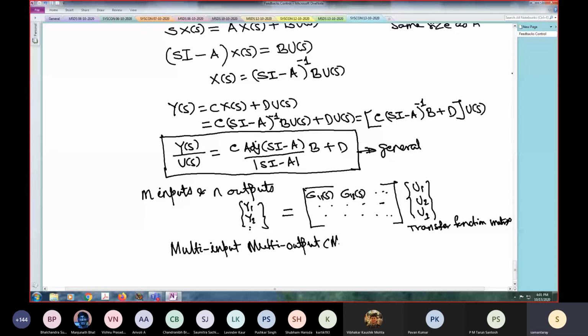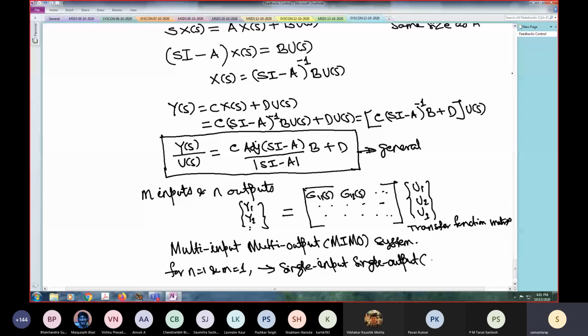For n equal to 1 and m equal to 1, we get a single input, single output, SISO system. So generally we have dealt with SISO systems so far, but this formula is universal.